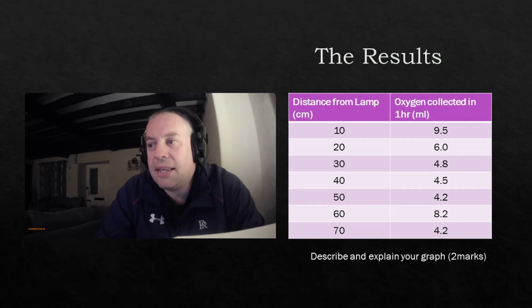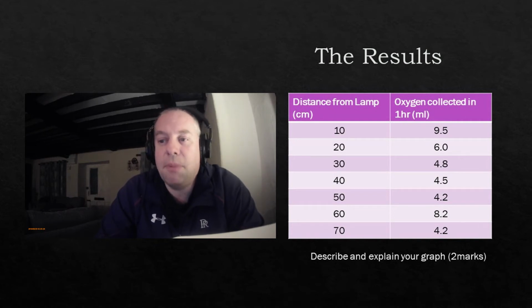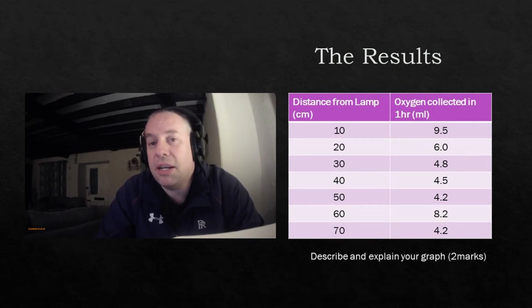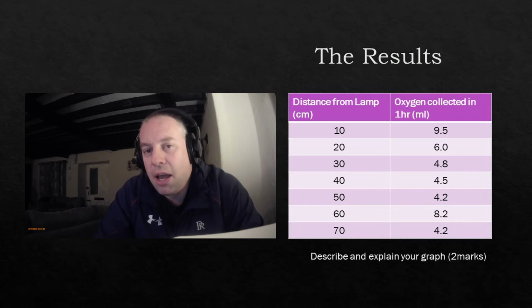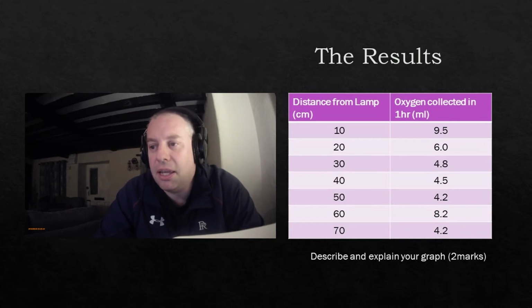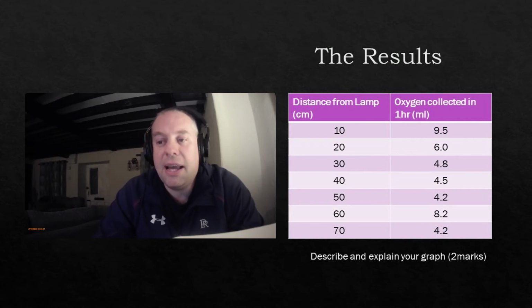Once you've done that, there's a couple of things I'd like you to try and explain. First of all, the pattern. I've put it at the bottom of the graph, where they say in the exam, describe and explain your graph. Usually 2 marks, sometimes 4 marks, depending on the difficulty of the graph. If you want to get the marks, you need to have a sentence for both.